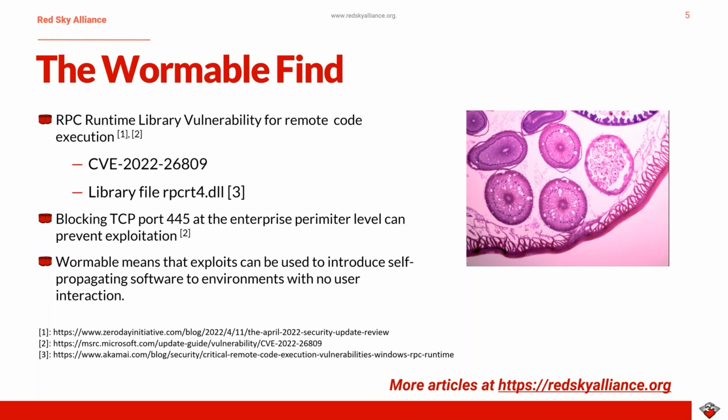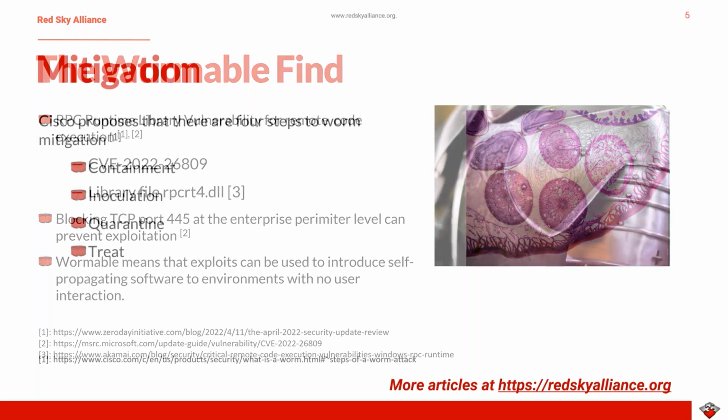And the term wormable also often implies that the process will take place without any user interaction. But it's also worth noting here that this specific trait is also referred to as zero-click.